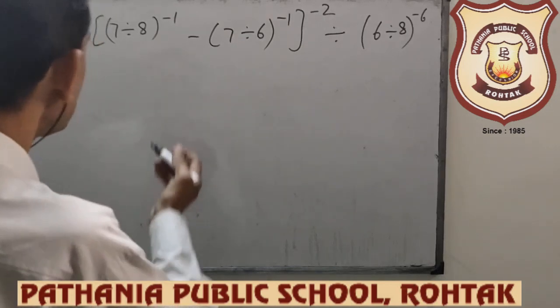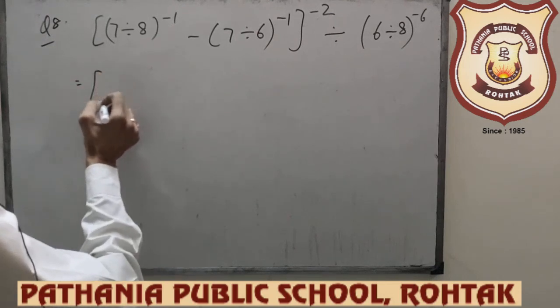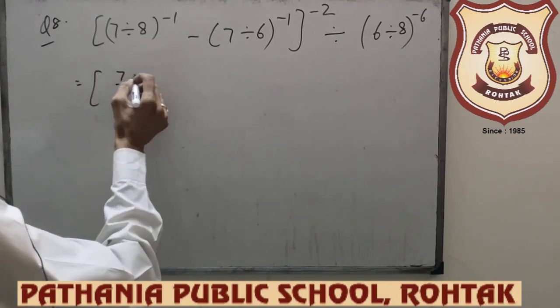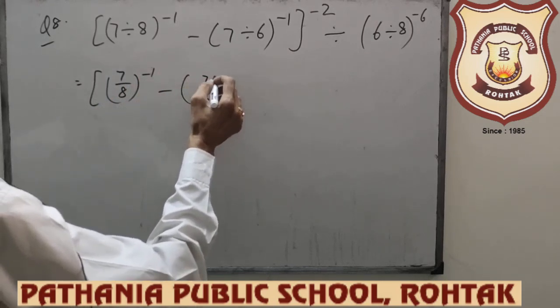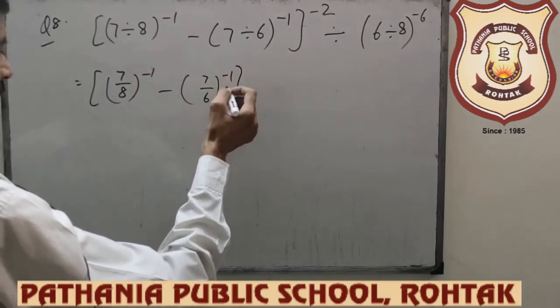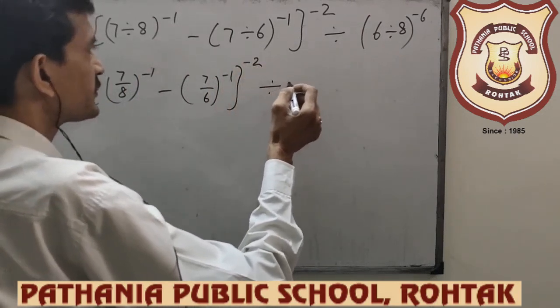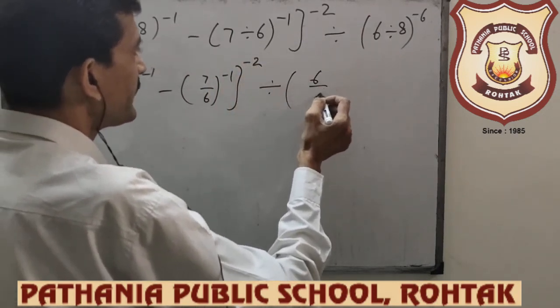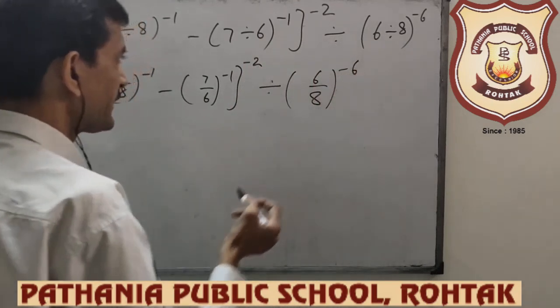What is in this? 7 divided by 8 raised to the power minus 1. This is equal to 7 by 8 raised to the power minus 1 minus 7 by 6 divided by minus raised to the power minus 1 whole raised to the power minus 2 divided by 6 by 8 raised to the power minus 6.